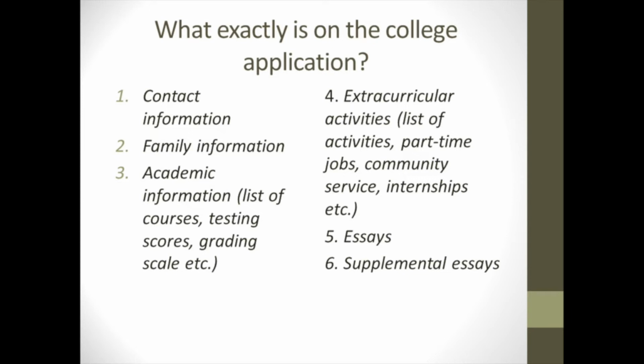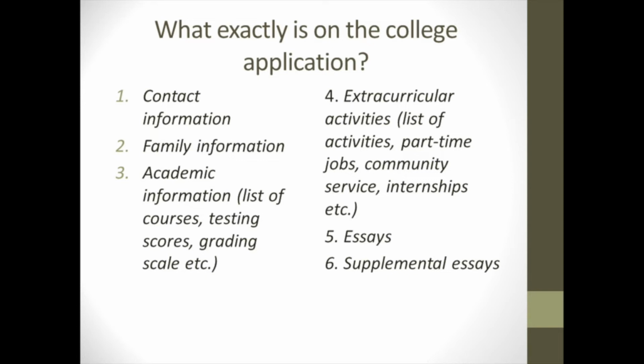The third thing that you typically find on your college application is academic information. So that's anything from the list of courses that you have taken or you're currently taking, your testing scores, the grading scale, anything having to pertain to your academic information. The next thing they typically ask for on your apps is extracurricular activities.